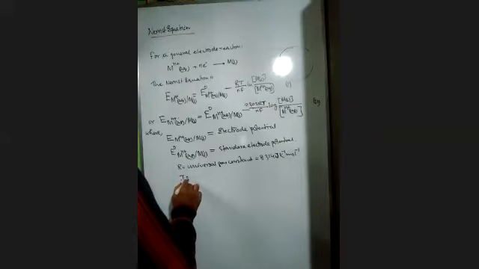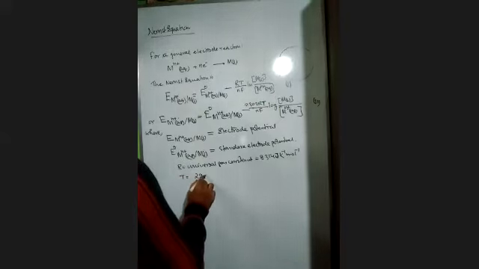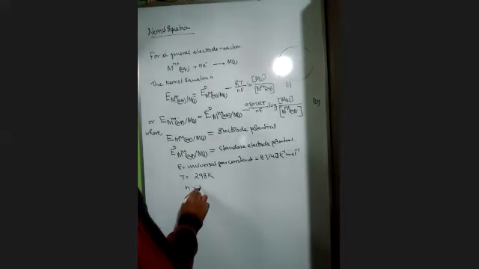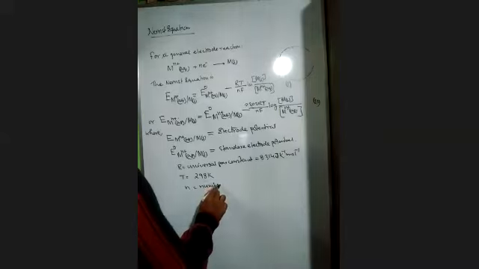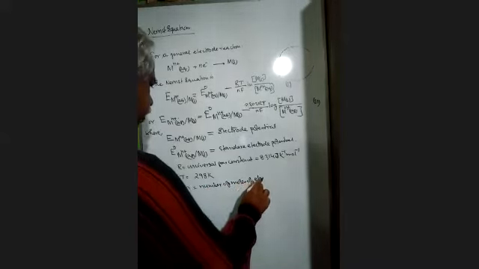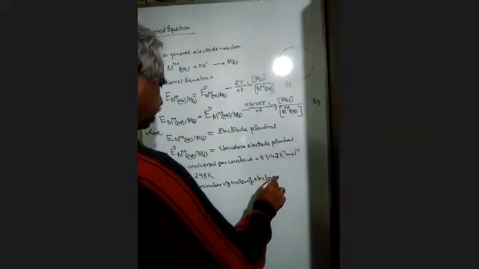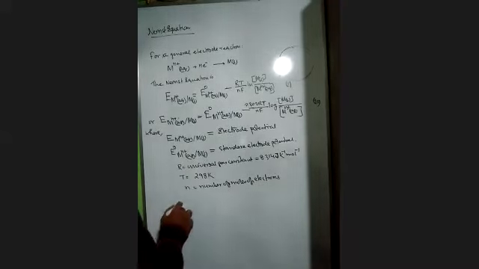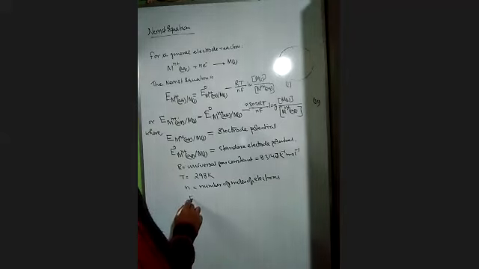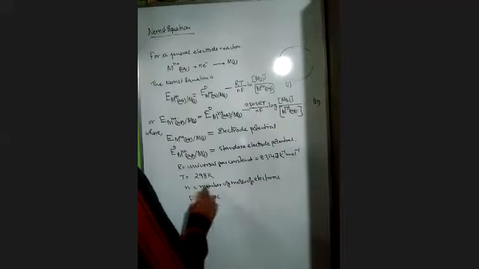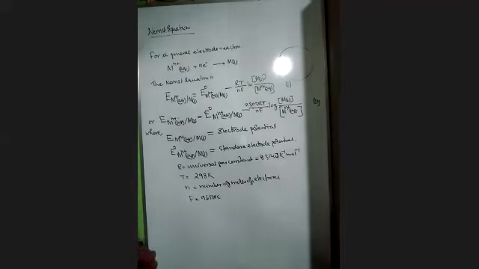T is 298, and n is the number of moles of electrons, which varies from electrode to electrode. Some electrode may give 1 mole of electron, some may give 2 moles, some may give 3 moles. Okay. And what is F? F we know, charge carried by each mole is equal to 96,500 coulomb. Now what is M(s)?